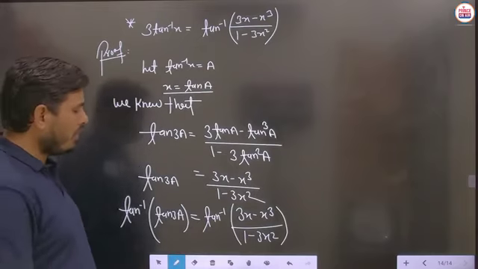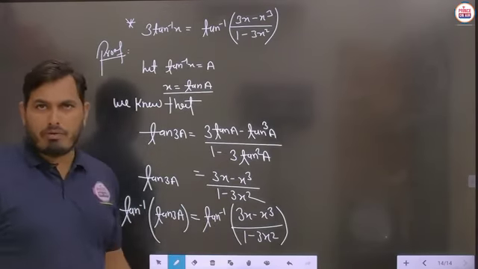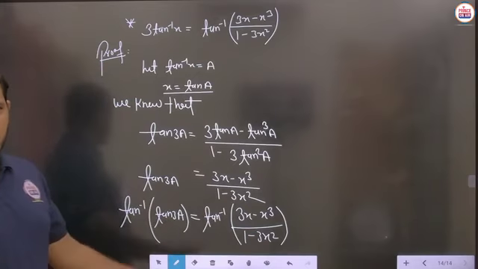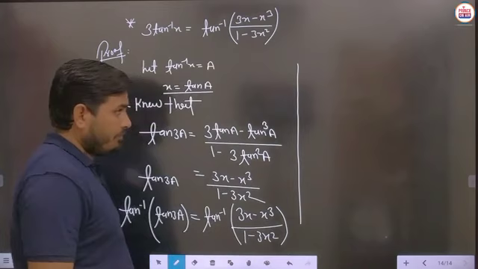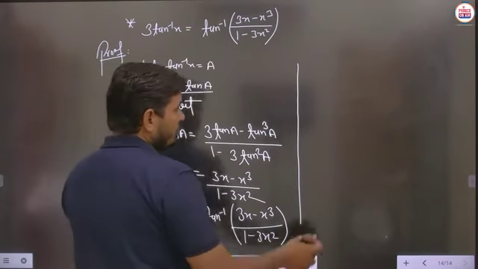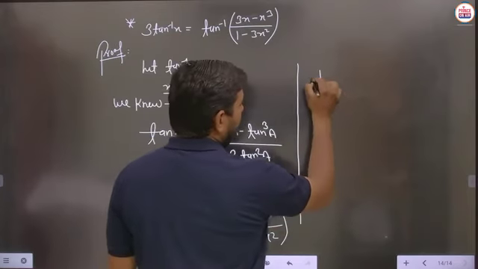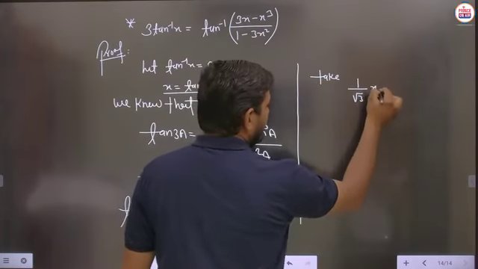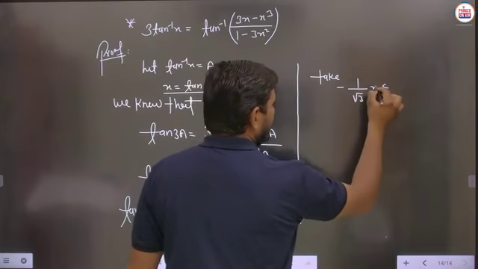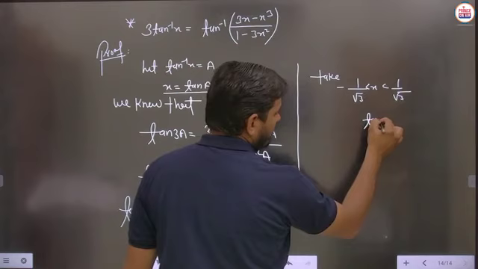So for this part we have to take some condition on this x. According to that we have to simplify the part and write the result. So definitely we will take the situation from minus 1 by root 3 to 1 by root 3. So x is to be taken from minus 1 by root 3 to 1 by root 3, suppose. Now x is tan a.